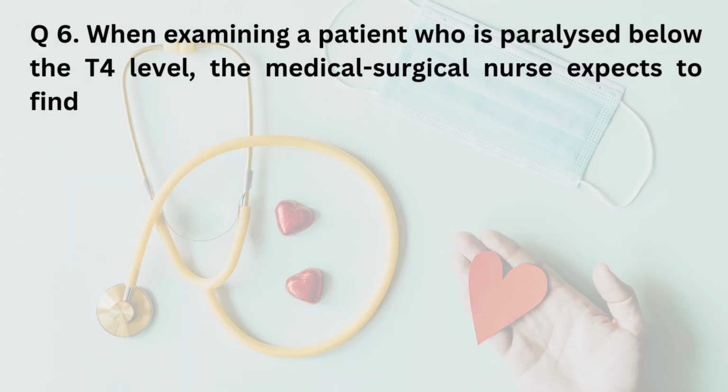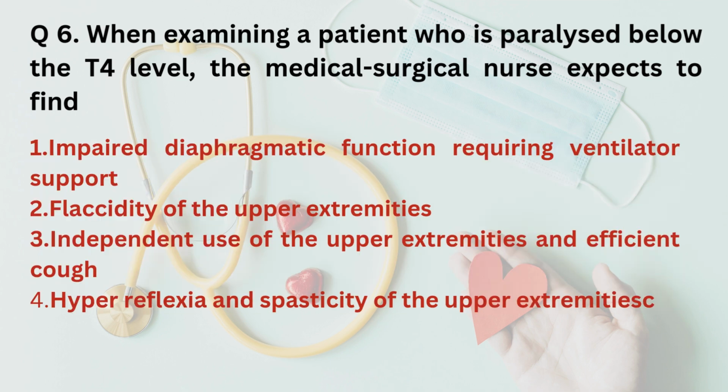When examining a patient who is paralyzed below the T4 level, that is thoracic vertebrae 4 level, the medical surgical nursing officer expects to find: options are impaired diaphragmatic function requiring ventilator support, flaccidity of the upper extremities, independent use of the upper extremities and efficient cough, then hyperreflexia and spasticity of the upper extremities.